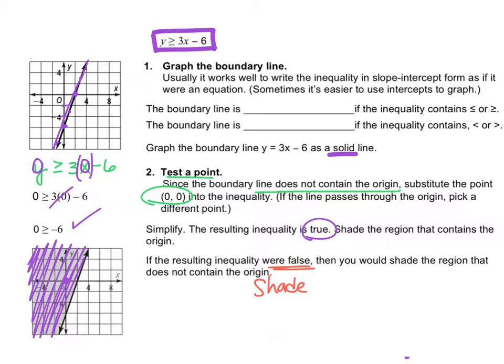If you cannot use the origin, then you just pick some point, like a point on the axis is always a good idea. So something like here, maybe 6, 0, or 0, -8. Pick a point that is on one of the axes, or at least one of the variables is 0, and that makes it a nice calculation.